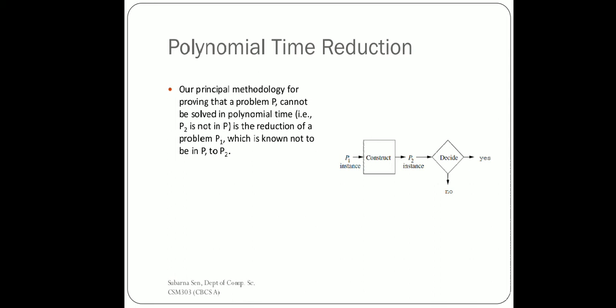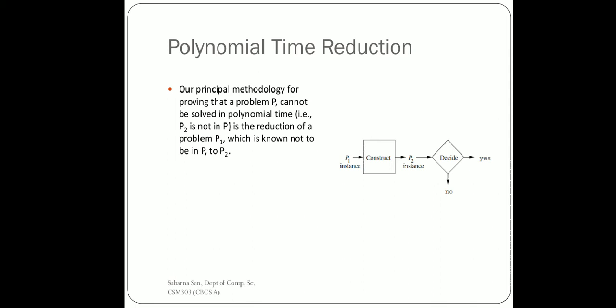So here you can see in the diagram there are some instances of P1 which we are feeding to a construct, the construct using which we can map the instances of P1 to P2, and we are feeding the total P2 for the decision concept, meaning whether it is decidable or not decidable, or what is the time consumption for the decidability.